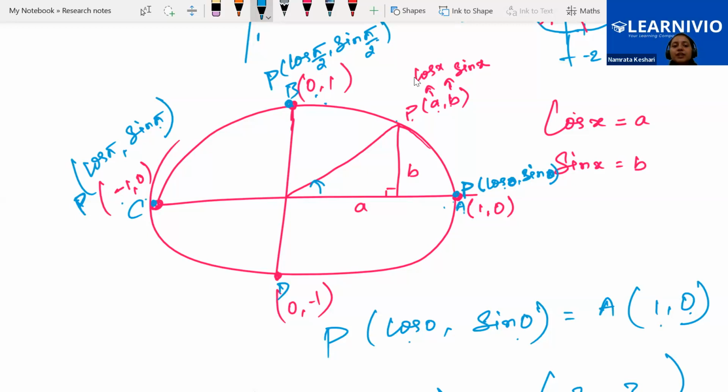Now the same P we are taking, and we are going to keep it at D. So I was asking you, what is cos 3 pi by 2 and what is sin 3 pi by 2? Who will say? Ali and Alina.